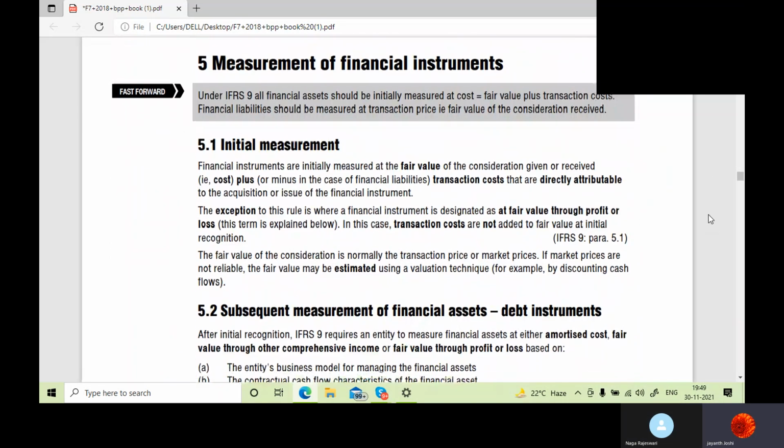Measurement: initial measurement. Just one point we'll discuss. Financial instruments are initially measured at fair value of the consideration given or received. That is nothing but the cost.